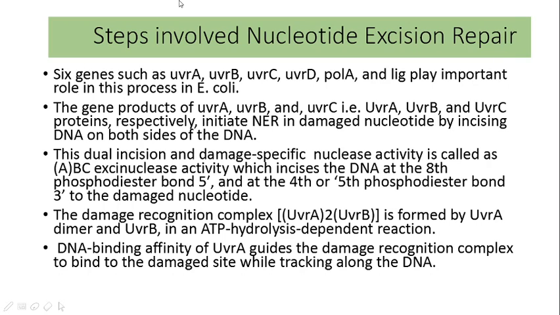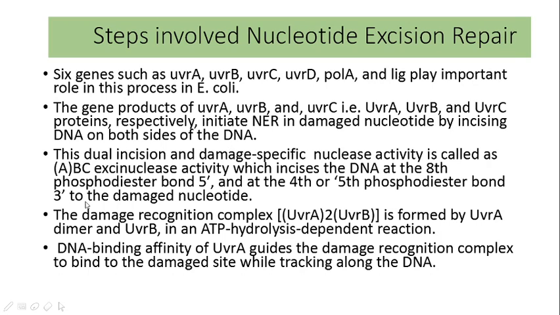The six genes, such as uvrA, uvrB, uvrC, uvrD, polA and ligase, play an important role in the process in E. coli. These gene products of uvrA, B and C will generate UvrA, UvrB, UvrC proteins respectively, which will initiate the nucleotide excision repair system in damaged nucleotide by incising the DNA on both sides of the damage.